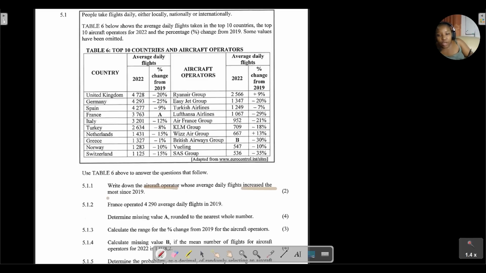That is what we want to look out for. The highest positive value is not positive 9, but it is positive 13. Okay, so that's the aircraft operator that increased the most since 2019. Here they obviously don't want the percentage, but they want us to write down the aircraft operator. So for question 5.1.1, the aircraft operator is Wizz Air Group.